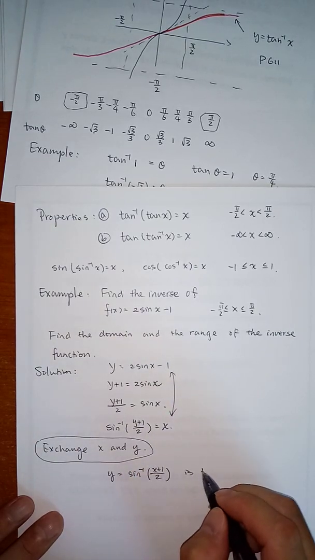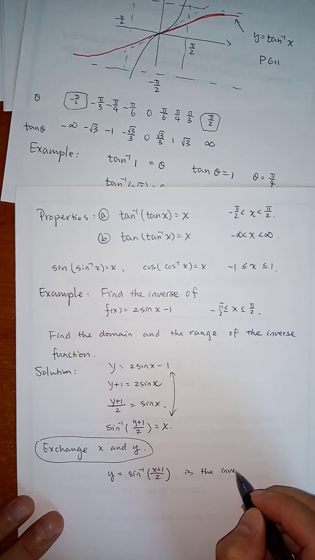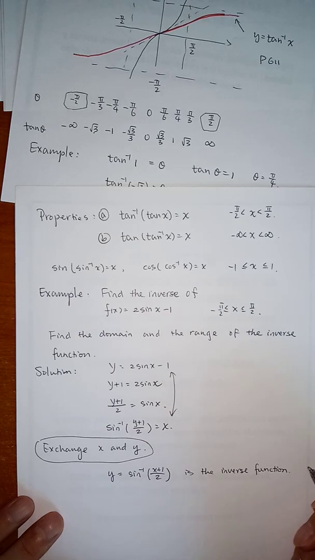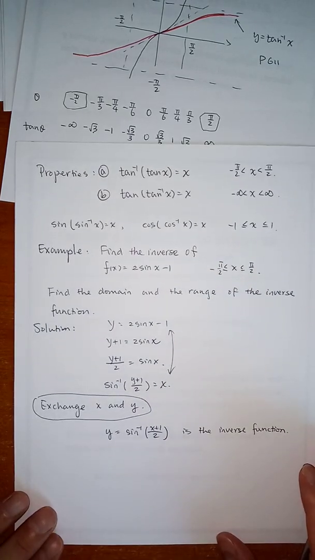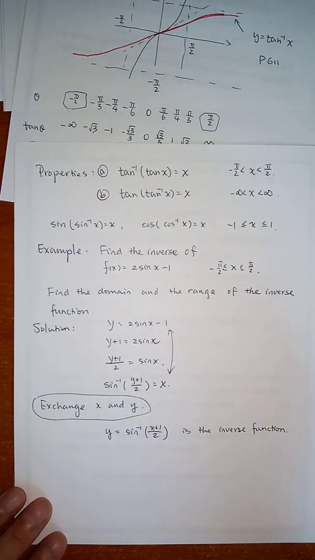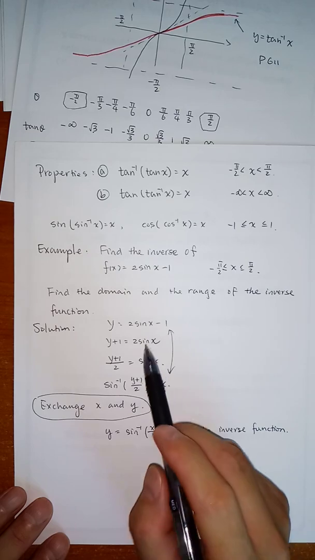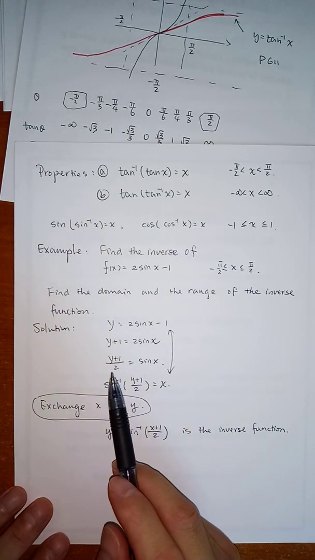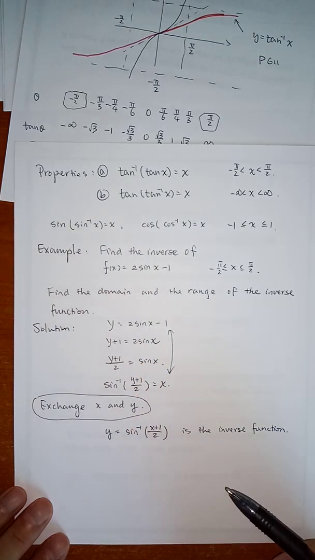This is the inverse function. Before you exchange x and y, it is still the original function. You just transform it to a different formula. Okay, so this is the inverse. And let's check the original. Okay, so we finished the first part, find the inverse.